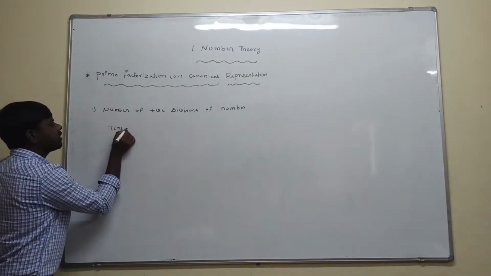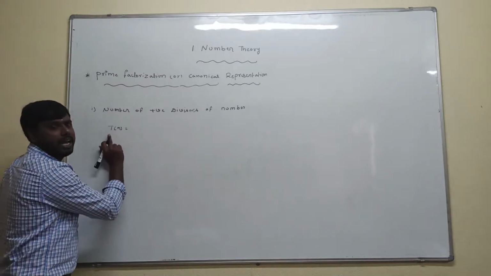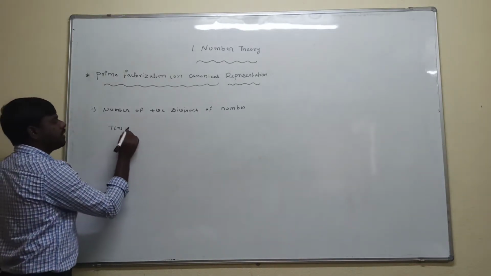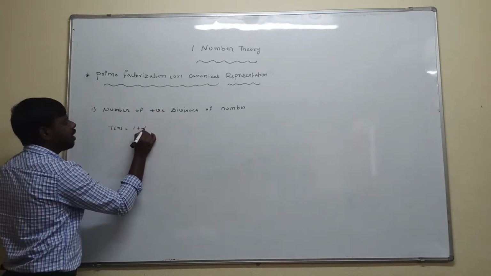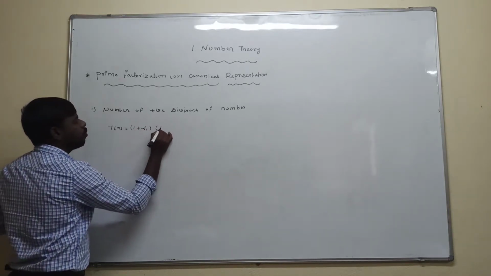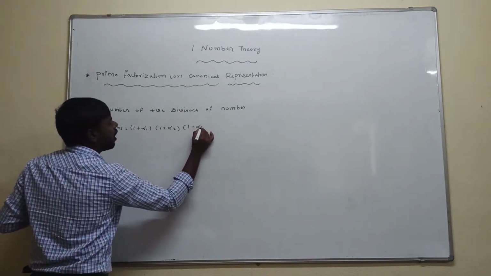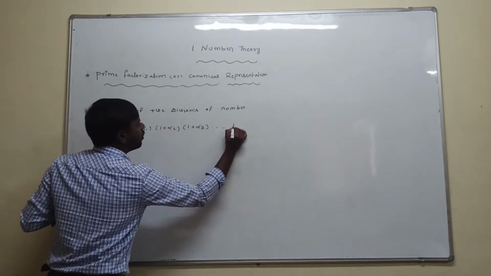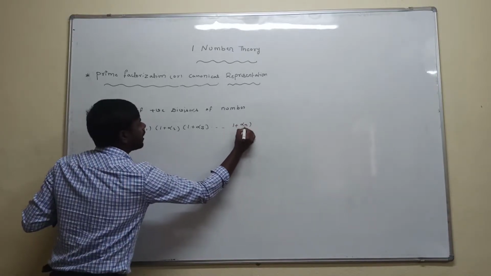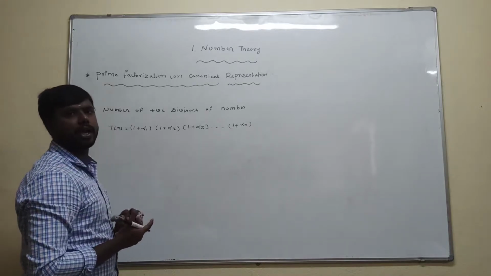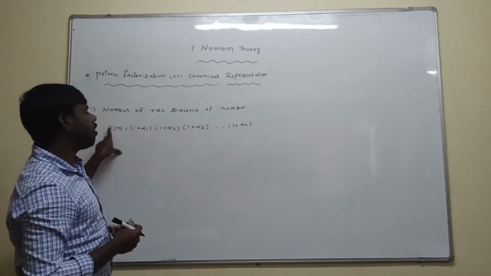T of n is nothing but the number of divisors of a number. The form of T of n is (1 plus alpha 1) into (1 plus alpha 2) into (1 plus alpha 3), and so on, up to (1 plus alpha n).